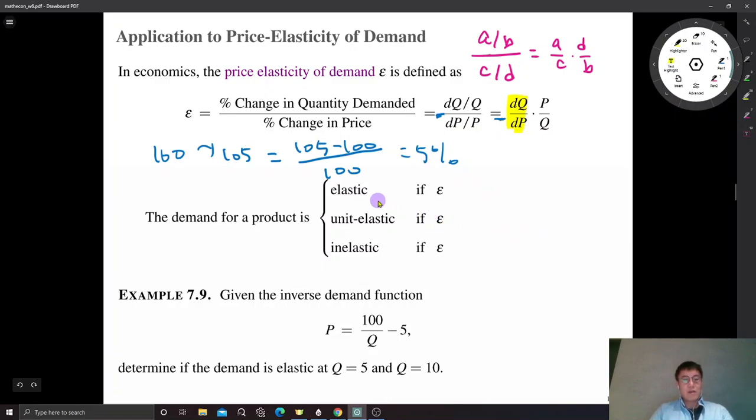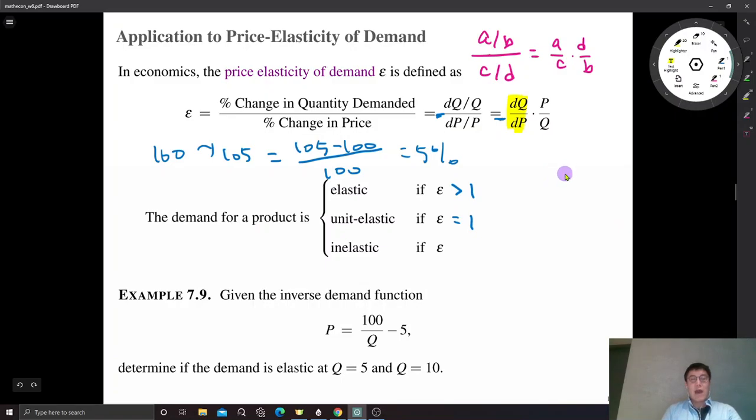So we have three subclasses for price elasticity. The reference point is when elasticity is equal to 1, then we say demand for the product is unit elastic. And if epsilon is larger than 1, then we say demand is elastic.